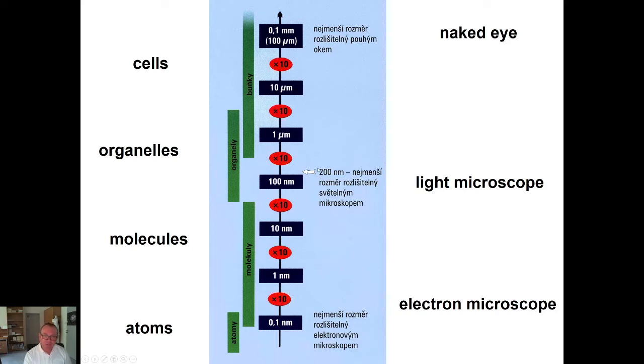200 nanometers. 200 nanometers is quite good resolution because it allows us to see all cells, which are usually bigger than 1 micrometer.